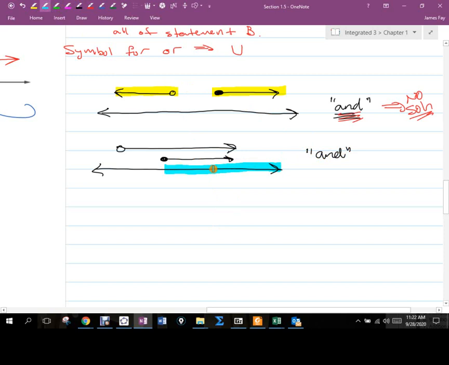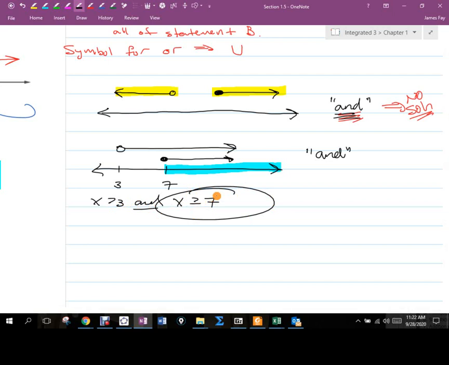So let's say this is like 3, and that's 7. And I said x is greater than 3, and x is greater than or equal to 7. Well, to make both of those true at the same time, I only need to write that x is greater than or equal to 7, because that is the only time that the values are bigger than 7 and bigger than 3. Does that make sense?